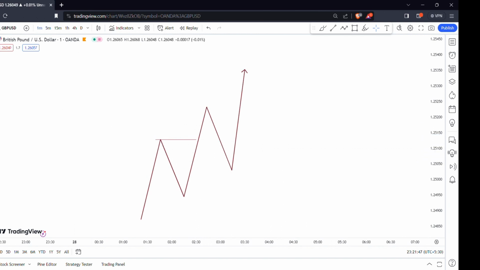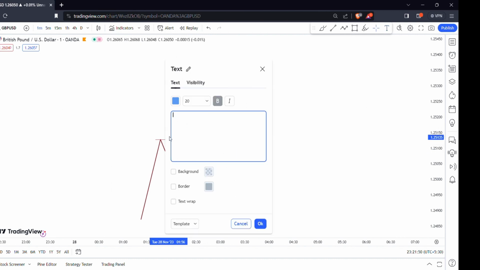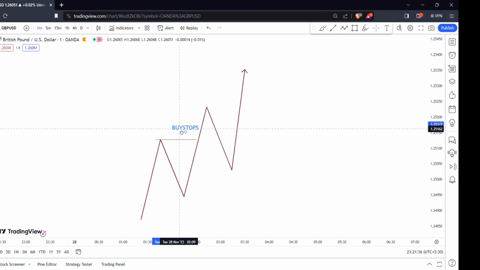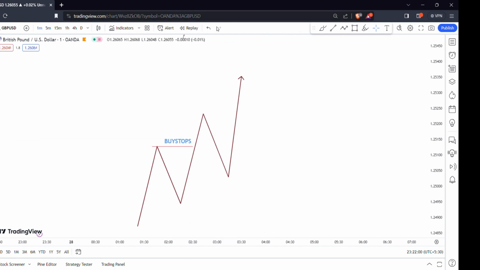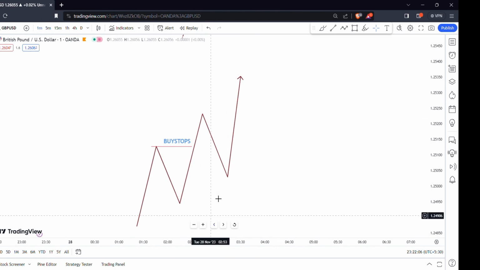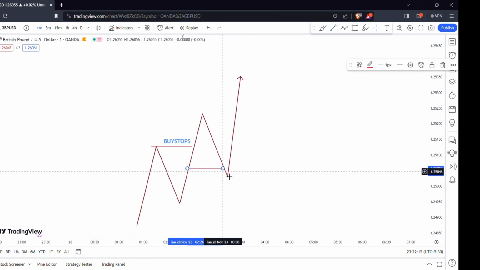For every high, the retail people will have buy stops here. If the market has moved in a single direction, all the buy stops will be in huge profit. This is the simple logic. That's why the market will turn around and take their liquidity, take the retail people's stop losses here, and go up in the direction.